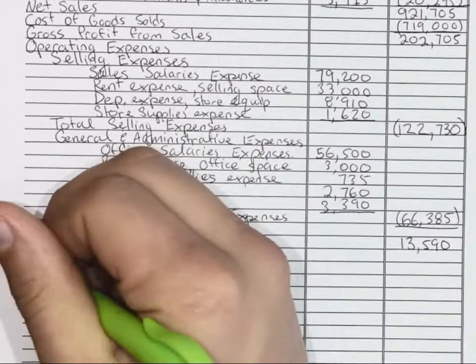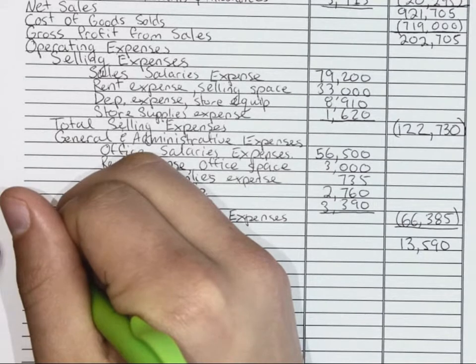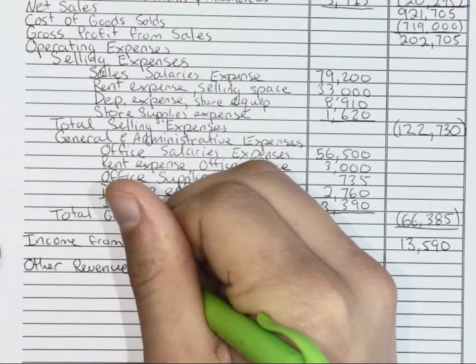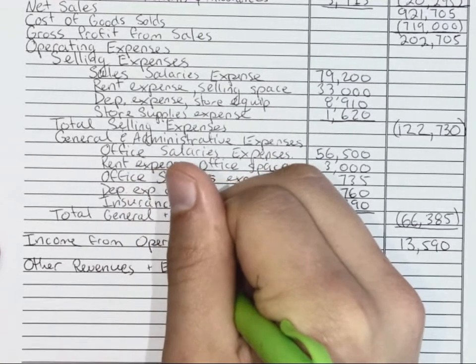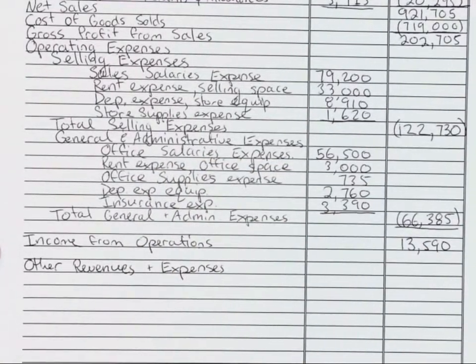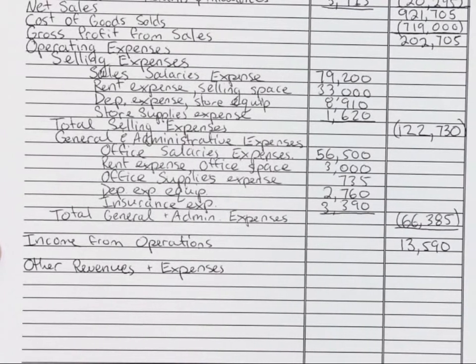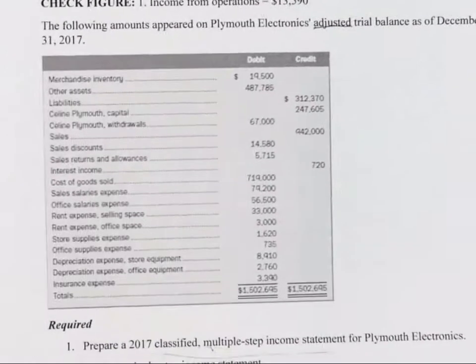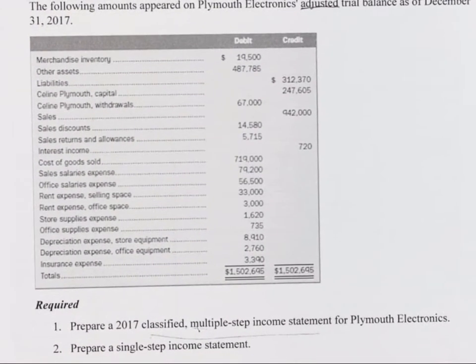Now there is one other section that we need to do. It's called other revenue. Other revenues and expenses. So if Plymouth is an electronics store, on this trial balance, do you see something that is either an income or an expense that has nothing to do with selling electronics?